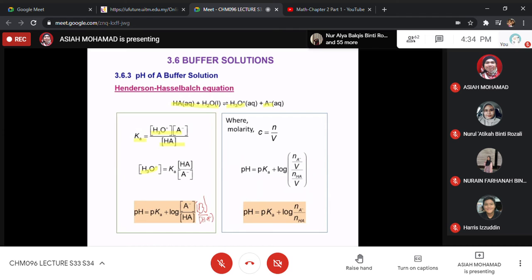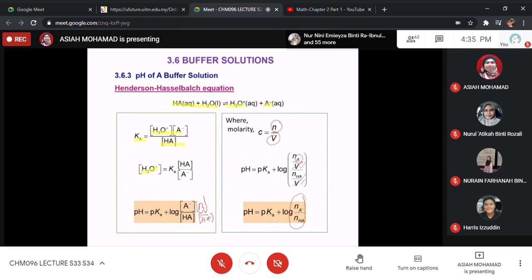On the other hand, you can also use the mole value in this Henderson-Hasselbalch equation. Since concentration is equal to mole over the volume in liters, you will get moles of conjugate base over volume in liters over moles of HA over volume in liters. You can cancel the volume out, leaving moles of A minus over moles of HA.